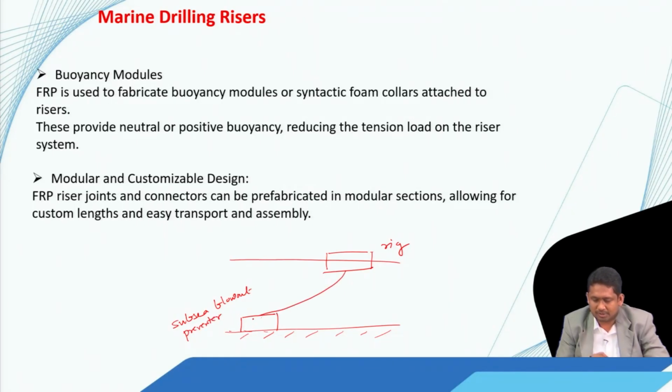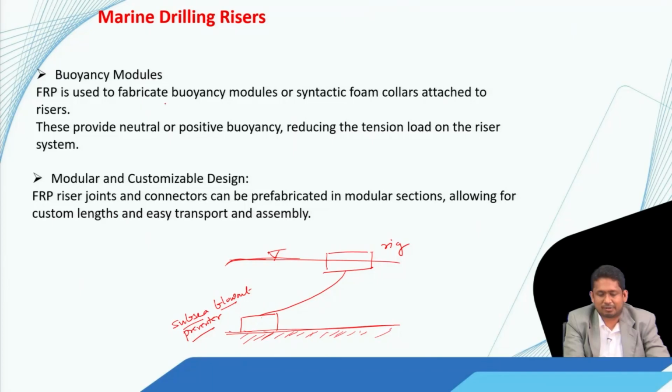So, a marine riser connects the rig with the subsea blowout preventer. This is the base from where drilling for oil is done, and this is the water surface. So, it connects the rig at the water surface to the subsea blowout preventer.